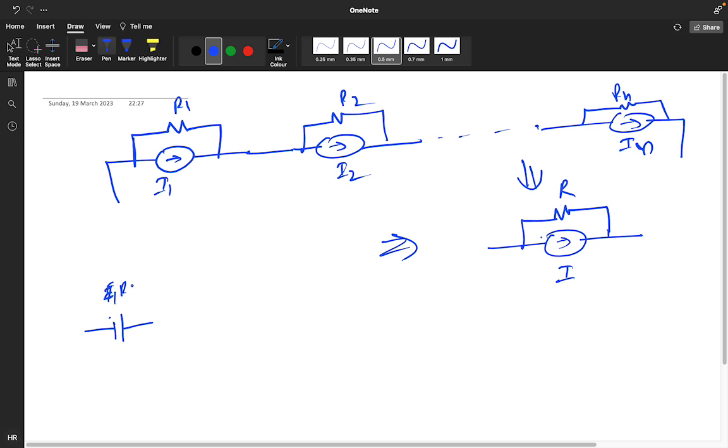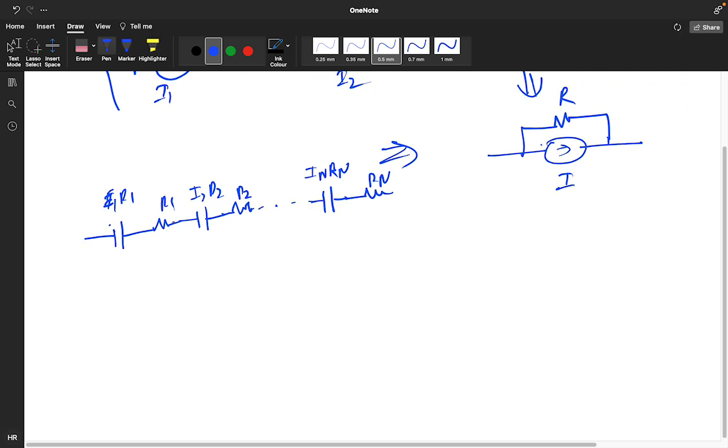I1 into R1, I2 into R2, IN into RN, in series. Okay, so we got the circuit like this.